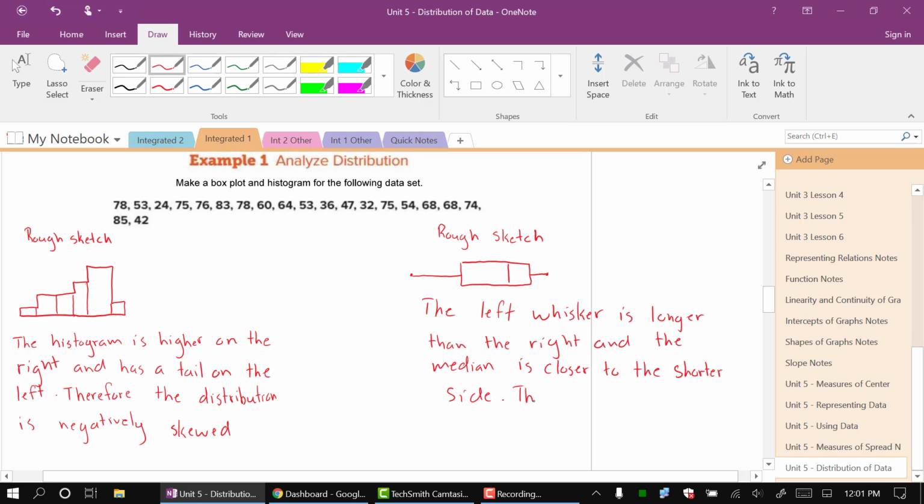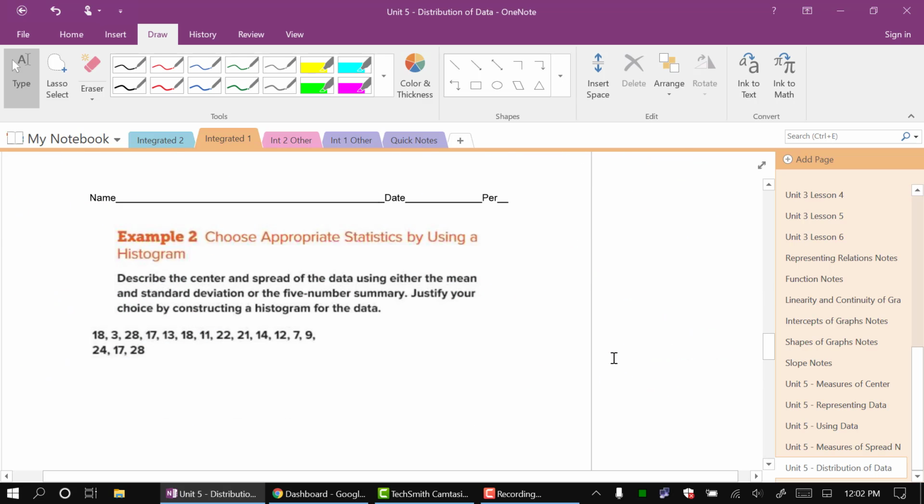Therefore, the distribution is negatively skewed. So for both of these, we get the same result because it is from the same amount of data. Let's take a look at example 2.